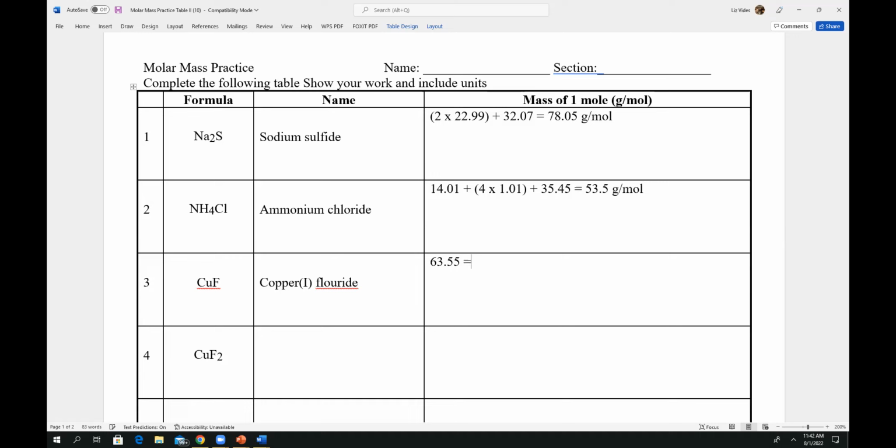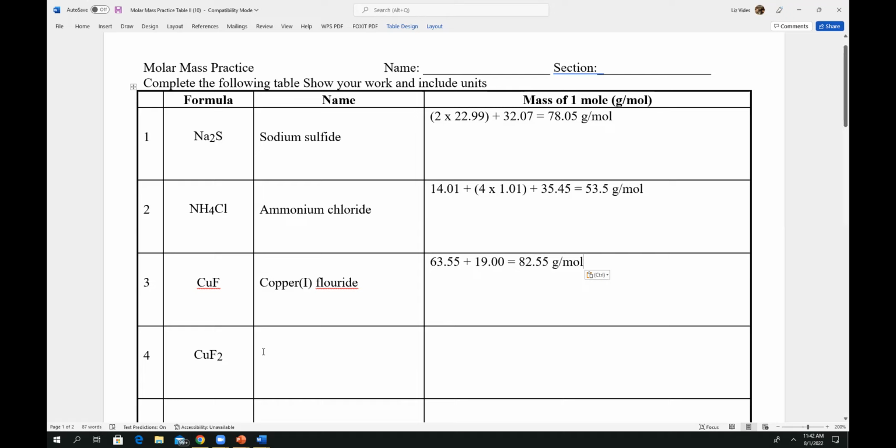And fluorine is, oh my God, my finger is not hitting the right thing. Fluorine is 19 even. That is 63.55 plus 19. It's like adding 20 minus 1, is 82.55. And that is grams per mole.